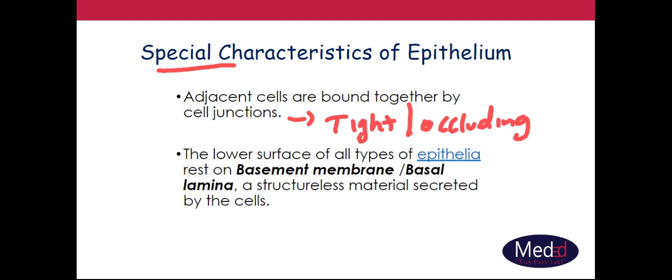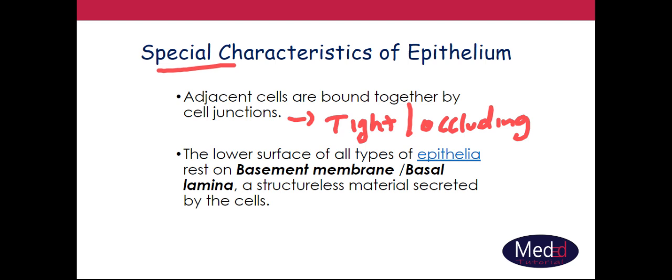Epithelial tissue tends to have this type of junction. That is not the only type that could exist in epithelial tissue. You could have other types like anchoring junctions and gap junctions. But you just have to take note of the fact that they have this tight junction that helps to bind them tightly together.